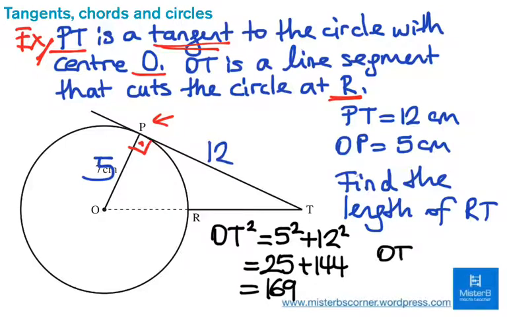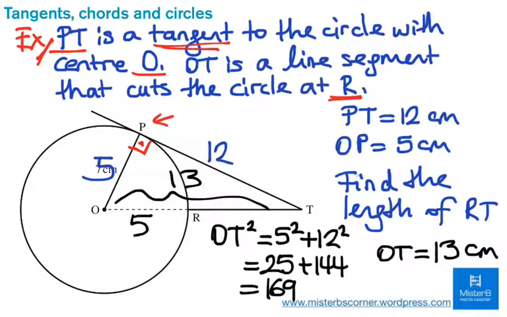So OT would be the square root of 169. Sorry, I did 136, I guess. It's 169. So the square root of 169 is 13. So OT is 13 centimeters, this bit altogether. I know that this is the radius, so it's 5. For RT, it's going to be 13 minus 5, 8 centimeters.